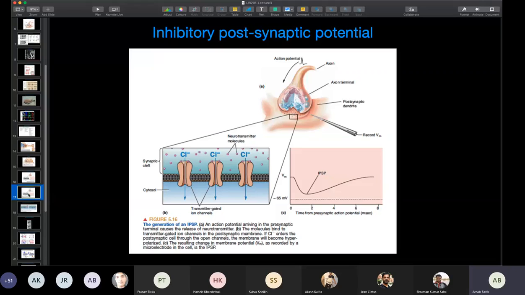So depending on what kind of signals, from the same recording preparation, everything is similar. You're just activating the presynaptic neuron, but the kind of potential alteration you see decides if it's an excitatory synapse or an inhibitory synapse.